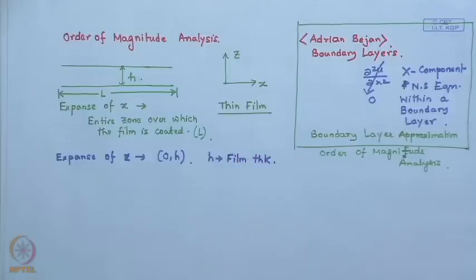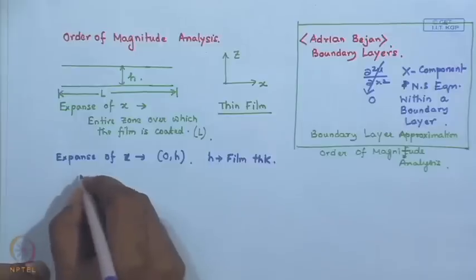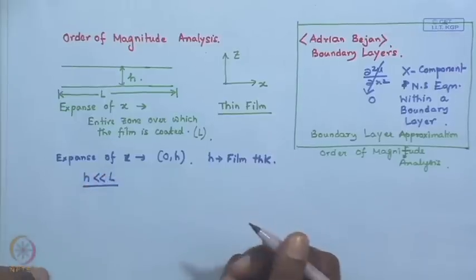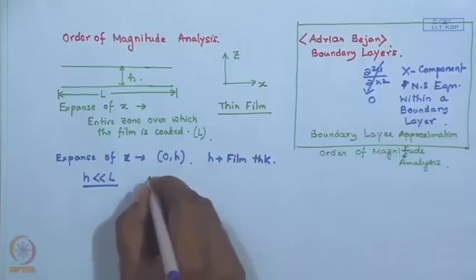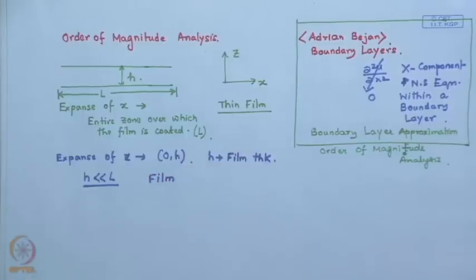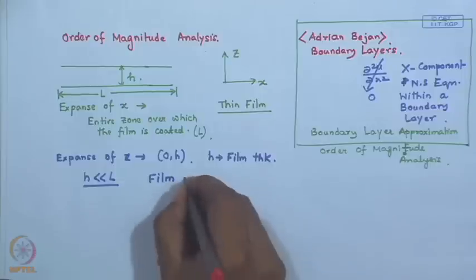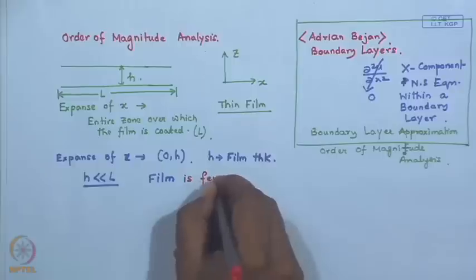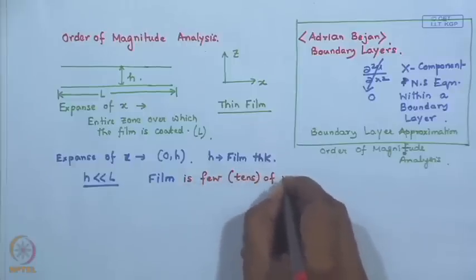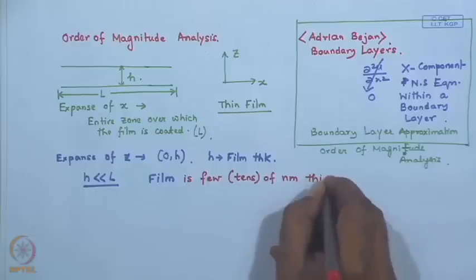So, from the physics of the system, the first thing you can say is that h is of course much smaller than L, because you are talking about a film. This comes from the basic system configuration. The film is maybe tens of nanometers thick.